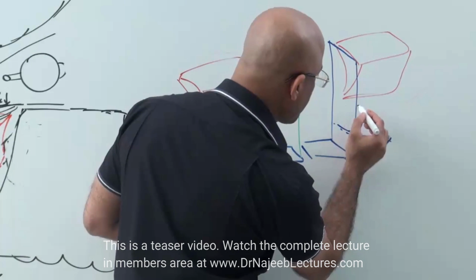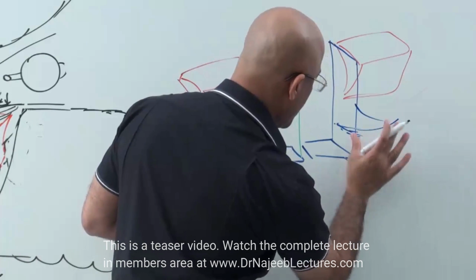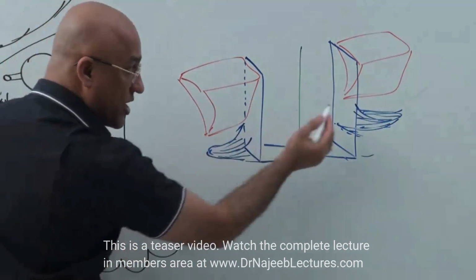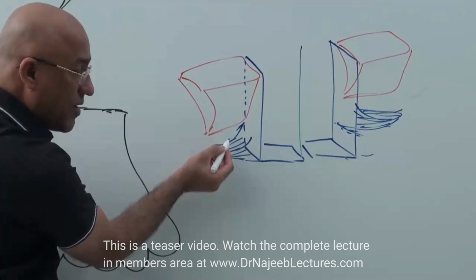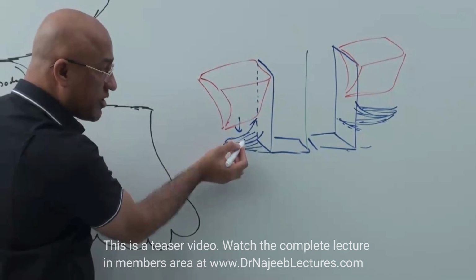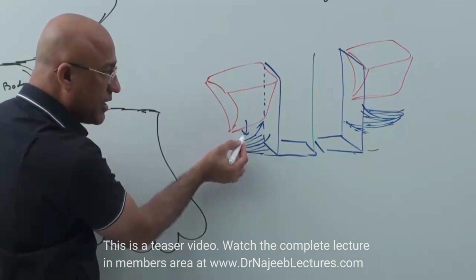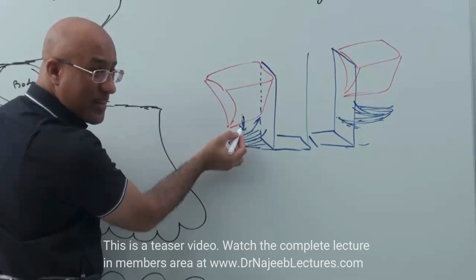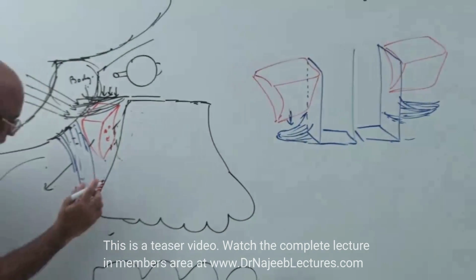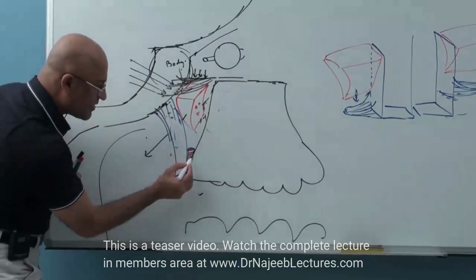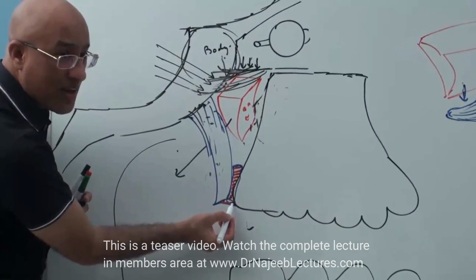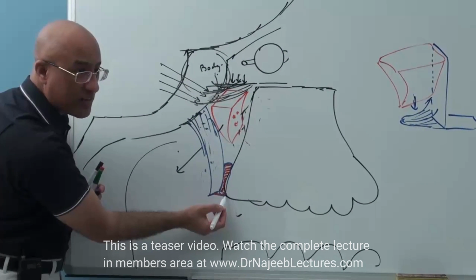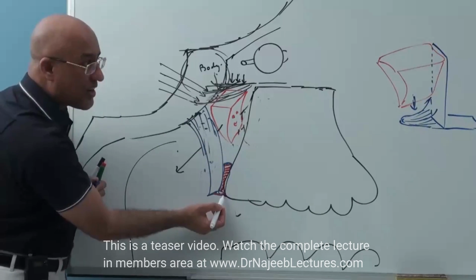Now this pyramidal process on this side, it is moving outward, and just below, the pyramidal process of the palatine bone is making the floor of the pterygopalatine fossa. And this structure, this one, what is this? This is the pyramidal process of the palatine bone, right?